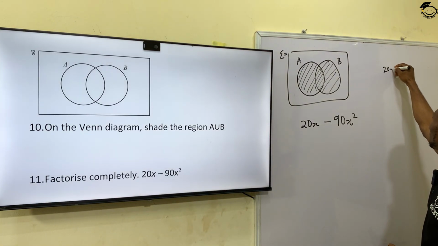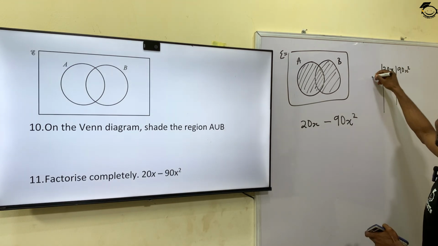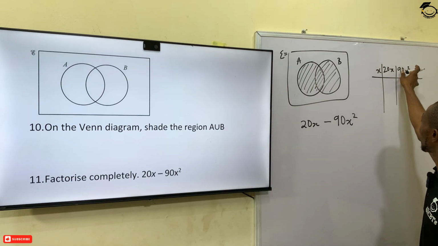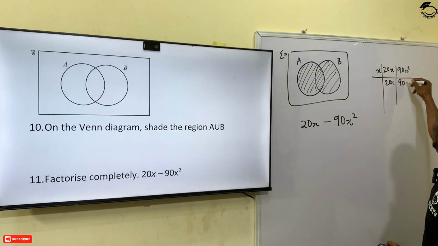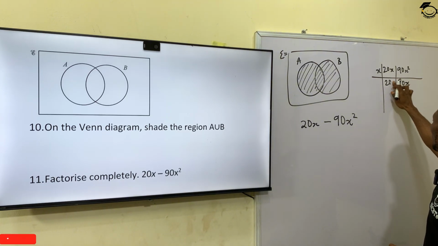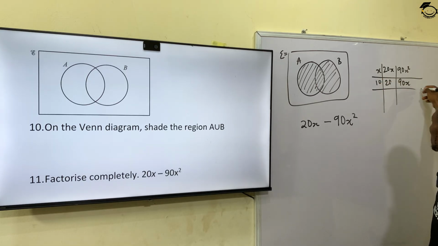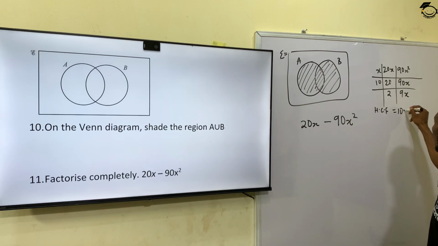We have 20x and 90x squared. All right, x is common. Our highest common factor here, x is common. So this becomes 20 and 90x. So what else? 10 can divide this to give us 2 and 9x. So our highest common factor here will become 10x.